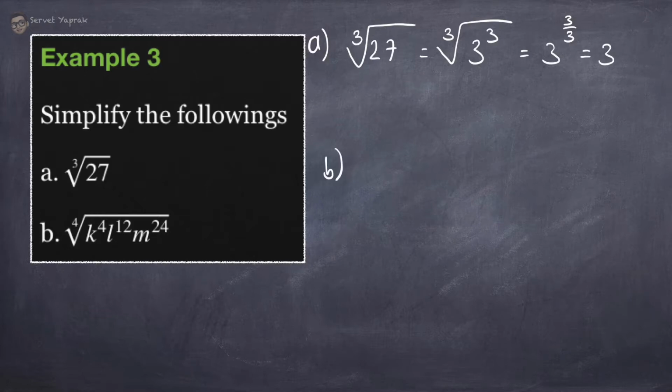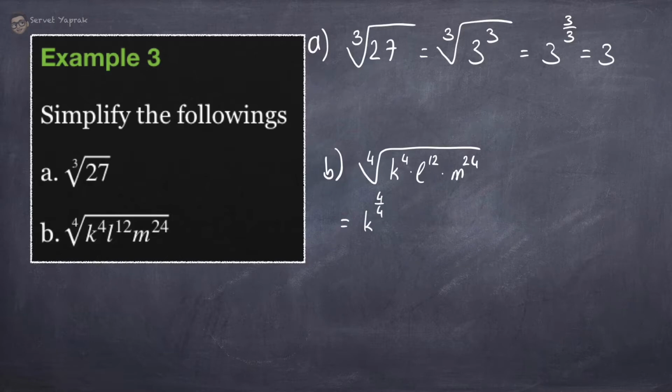Part B, we have more than one variable in one root symbol. This time we have fourth root of k to the power of 4 times L to the power of 12 times m to the power of 24. So we will get every term out of this root symbol by dividing the powers by the degree of the root.